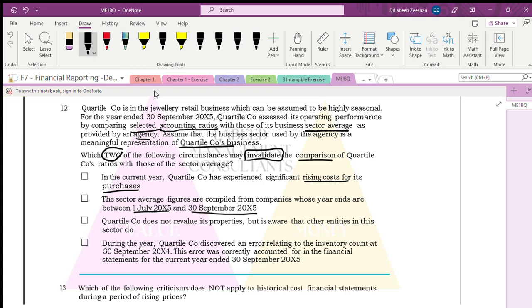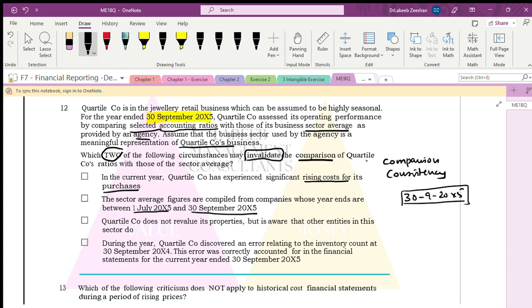What they are saying, see the thing. For the year ended 30th September 2005, if we are comparing, there should be consistency. We have covered this; these are the qualitative characteristics. Comparison: whichever company we are comparing within the industry has to end at the same date in 2005.